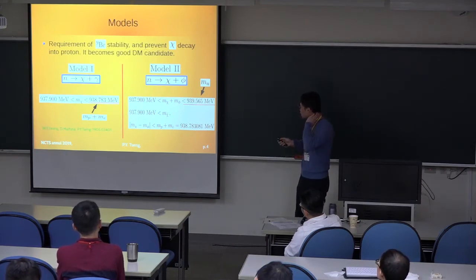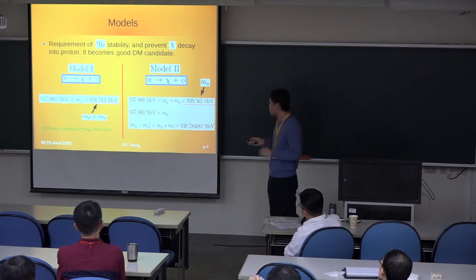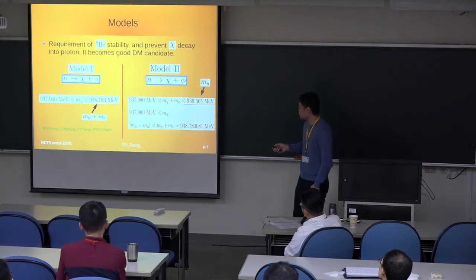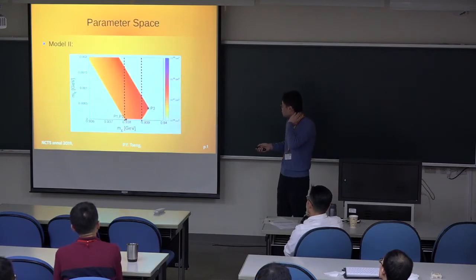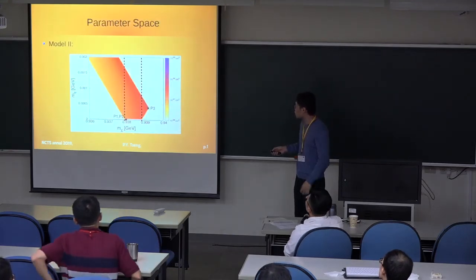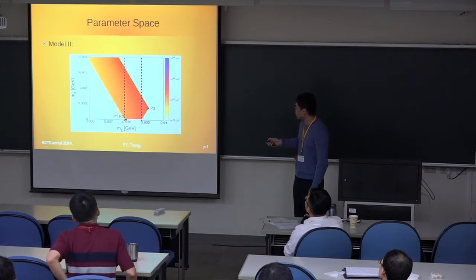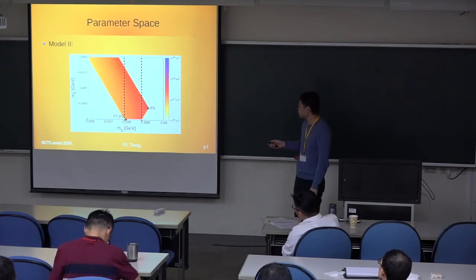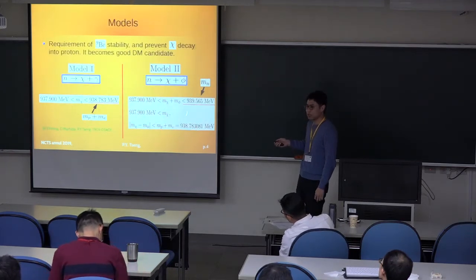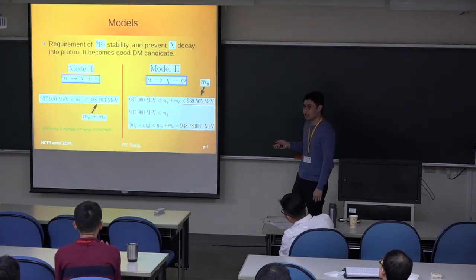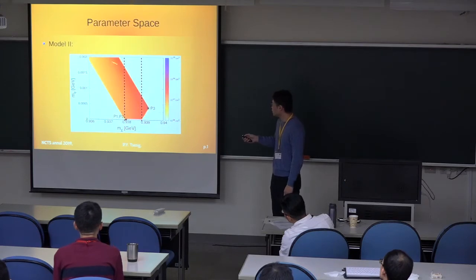For model 2, as you can see, there are at least three masses involved in this model, so the parameter space can be slightly extended. More clearly, we can look at this colored region, which satisfies the parameter space described by these three inequalities.